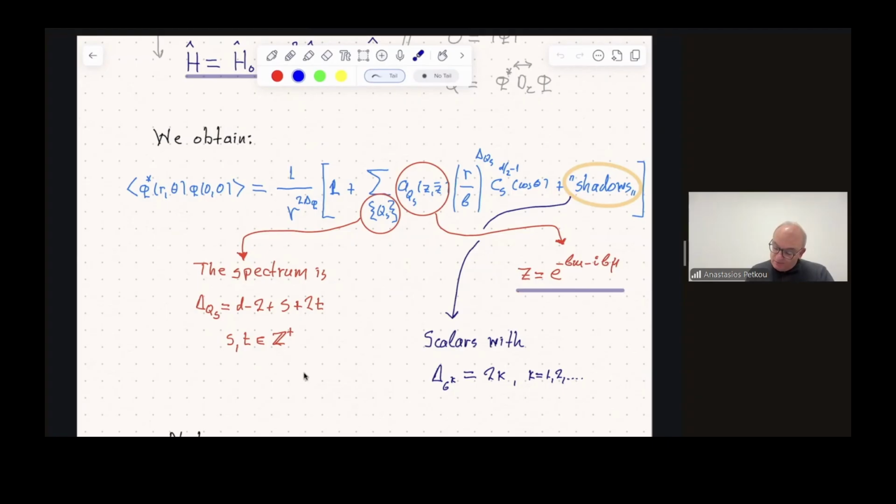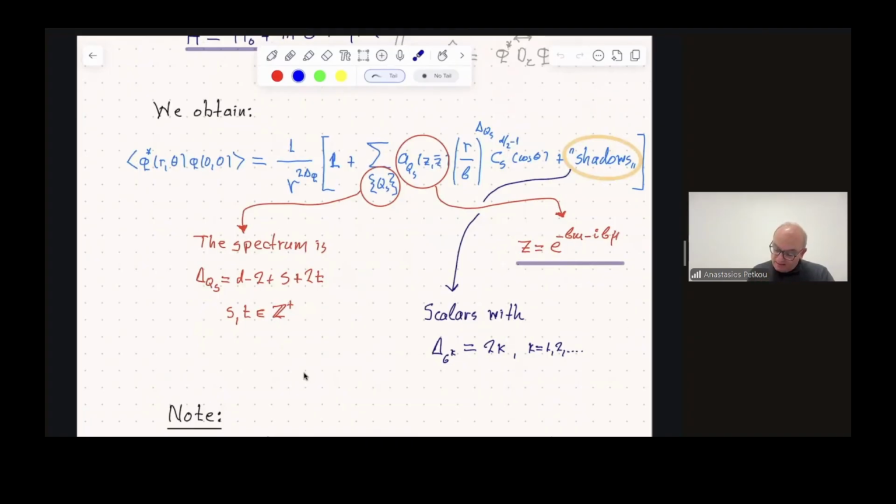But it also involves another set of operators that did not exist in the free field theory, so-called shadow operators, which are scalars, only scalars, with dimension 2k, where k is 1, 2, etc. It starts with dimension 2, which is the usual shadow scalar sigma, the shadow field of the phi squared operator. It has been discussed many times. This comes about if you do a Hubbard-Stratonovich transformation.